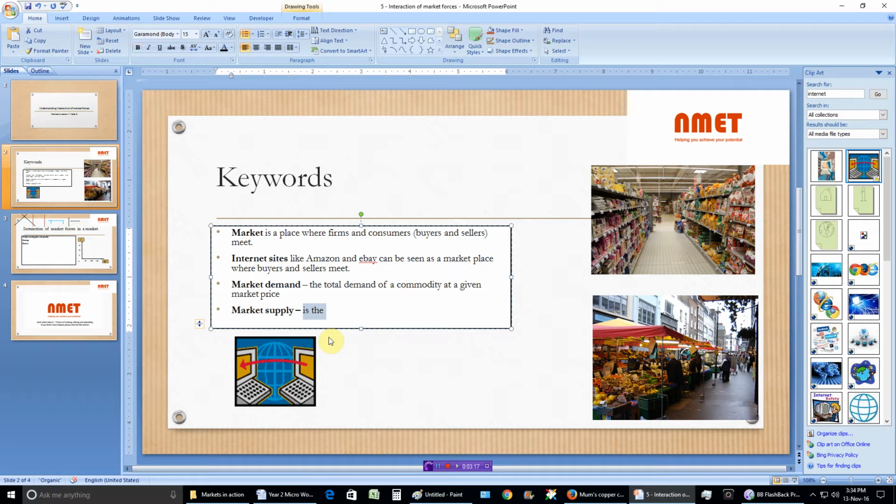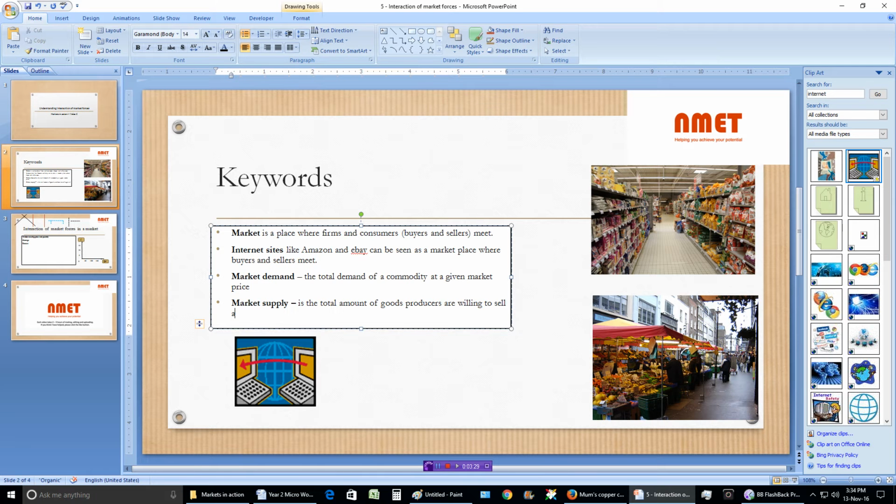total amount of goods sellers or producers are willing to sell at a given market price.